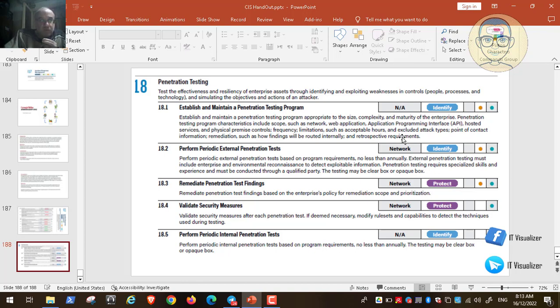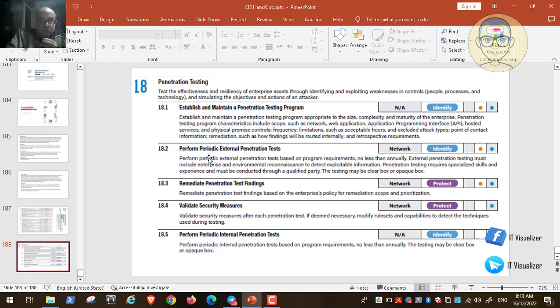Okay, this is point number one. And again, he's saying that this penetration testing should be done internally, if you have expertise in this kind of tests, and externally. So it should be done internally from your organization and externally.